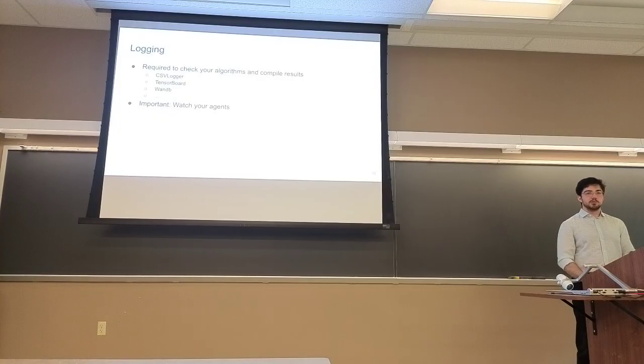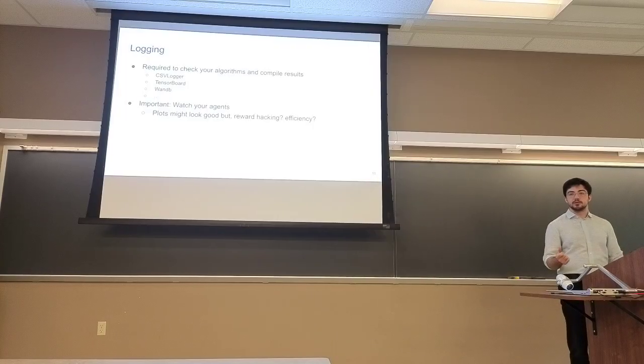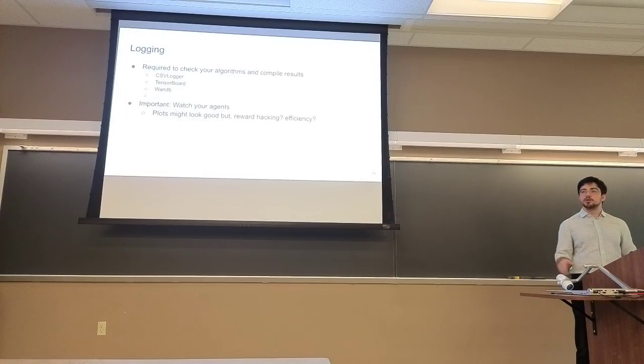So it is really important to watch your agent, and it's one of the ways of logging, so that you can see if there's something inefficient, like reward hacking. If my agent is stuck in a small loop of reward hacking, it's going to have a lot of reward and a low loss, and you're going to think it's doing amazing. But once you see it, it looks really bad. So let's see how we log and how we watch our agents.